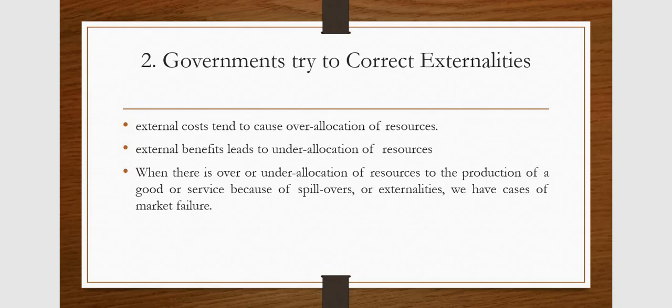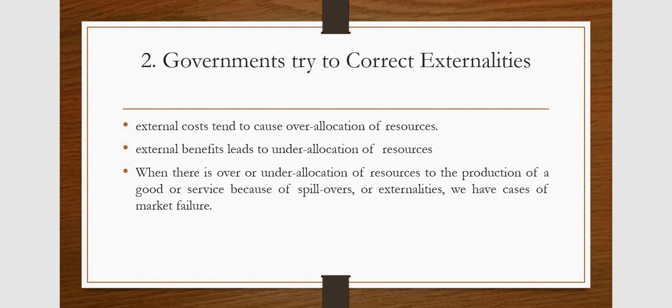This occurs when an economic activity imposes cost on the third party, right? So the third party, the one outside that particular transaction or process, is the third party we refer to here. It's when a particular activity imposes cost on a third party not directly involved in the activity. Since these costs are not reflected in the market price, firms tend to overproduce because they are not paying for the pollutants they are releasing into the atmosphere.